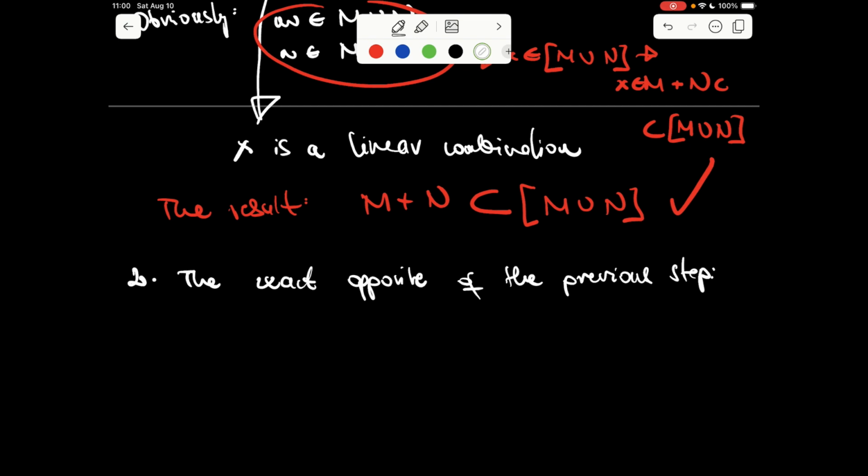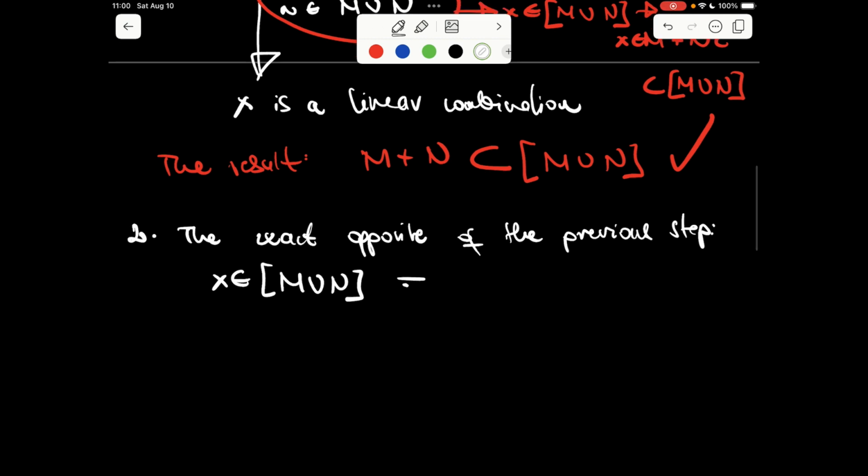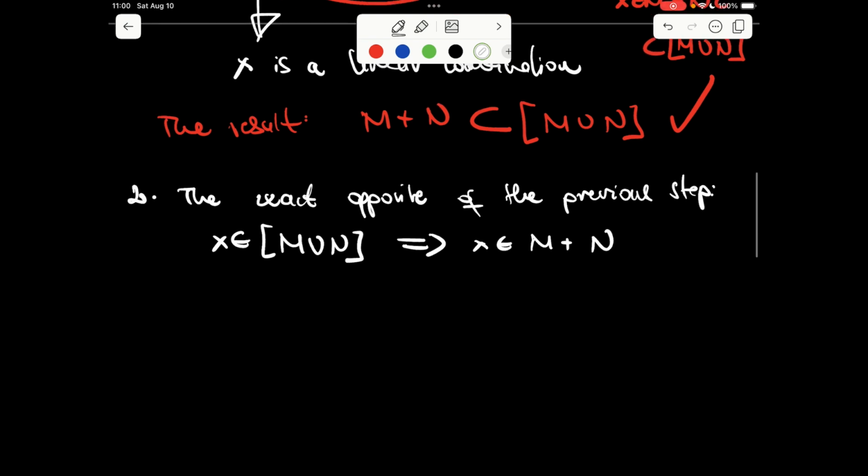We have a vector X as an element of the subspace generated by M union N, and we will see that from this it follows that X is in the sum of M and N. So we have this vector as a vector from the subspace generated by M union N, and please remember the definition.